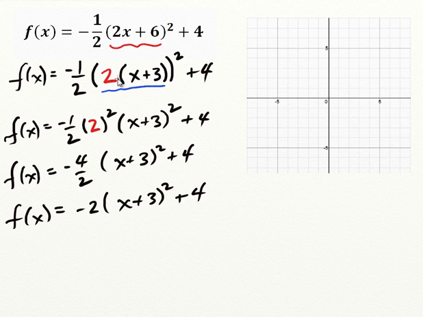That 2 looks like it's doubling everything in the x, and it looks like it would be a horizontal stretch. Well, it's not. It's the opposite, so it's a horizontal compression. Similarly, with this x plus 3, you would normally associate a positive 3 value with going to the right. But remember, it's opposite. If that says plus 3, it's actually x minus negative 3, so it is going to be moving to the left.